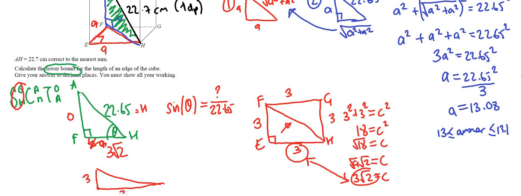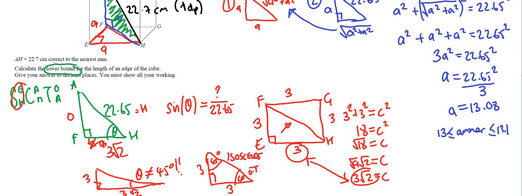If this was 3 and this is 3 square root 2, that side's longer. So this angle here is not equal to 45 degrees. It's only 45 degrees if both sides are the same length. If I had a triangle with 3 and 3, that would be 45 degrees, because it's an isosceles triangle. Our one is not an isosceles triangle, so we don't know that angle.